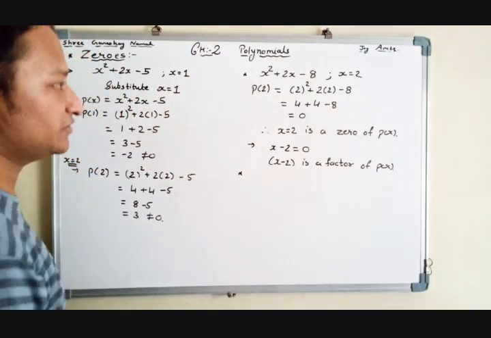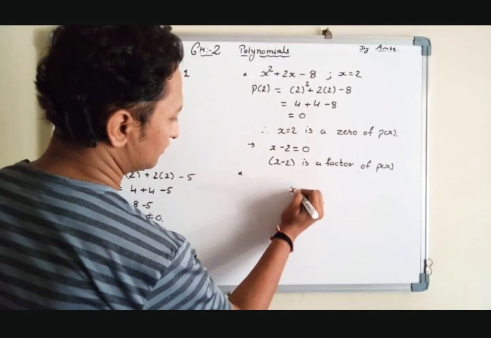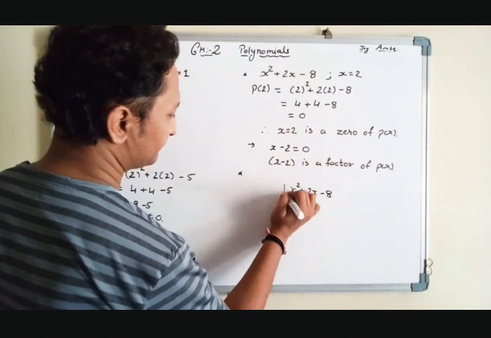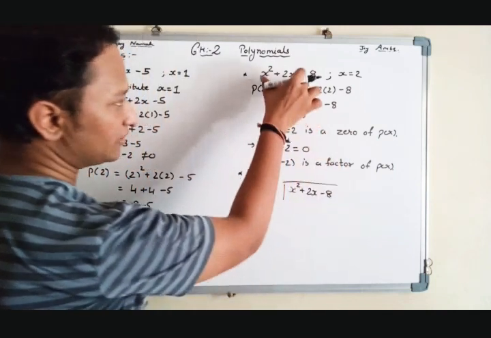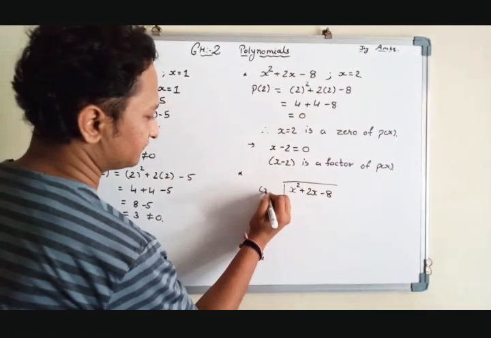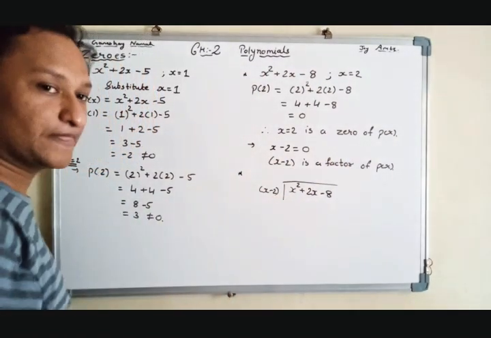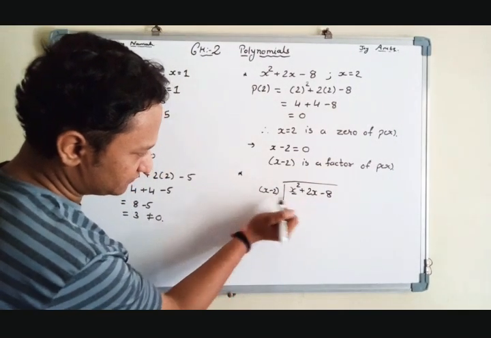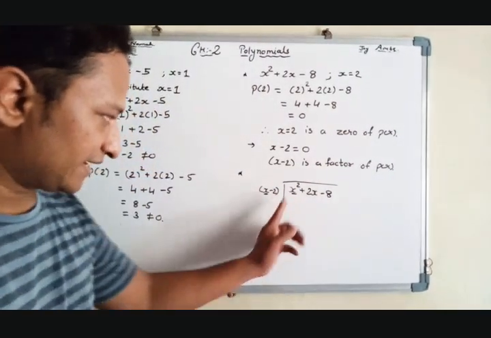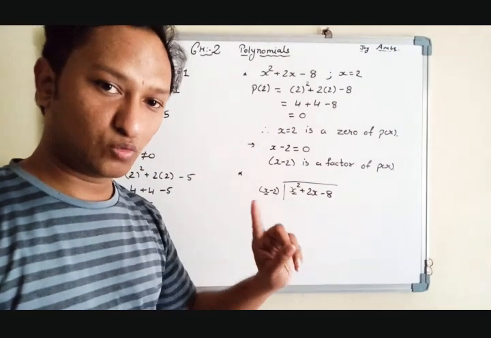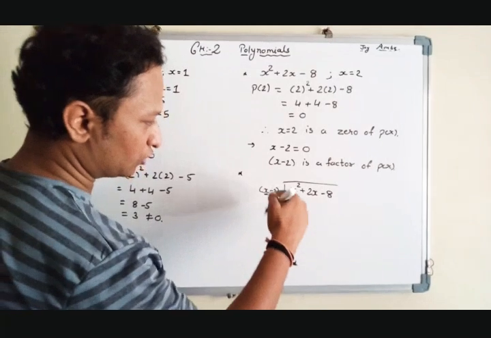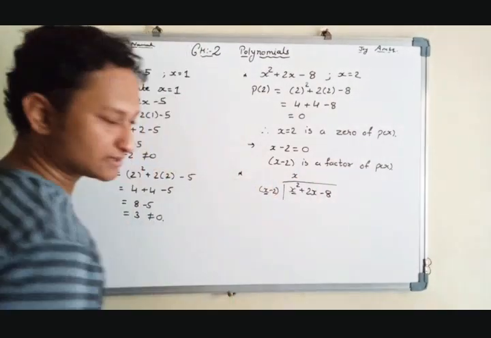What is meant by long division? One factor is there, so we will divide the given polynomial by the factor. Okay. Now we check the first term and the first term. Here x square, here x. So one power is missing, so we multiply this whole term by x.